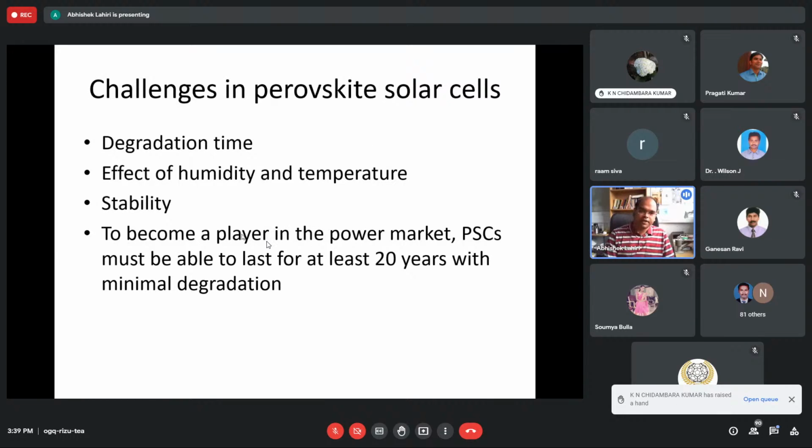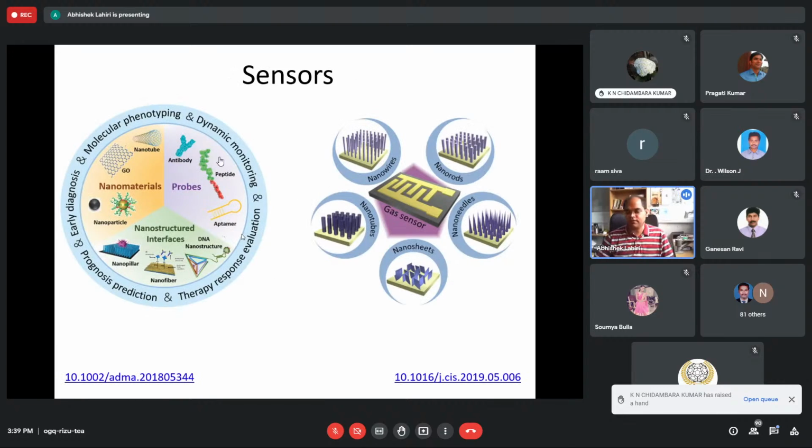So now we will go into the next topic, which is sensors. I guess yesterday you already looked into various sensors, where Mani showed you various sensor applications. Now I'll give you again an overview of the different types of sensors which are available. Sensors have vast applications.